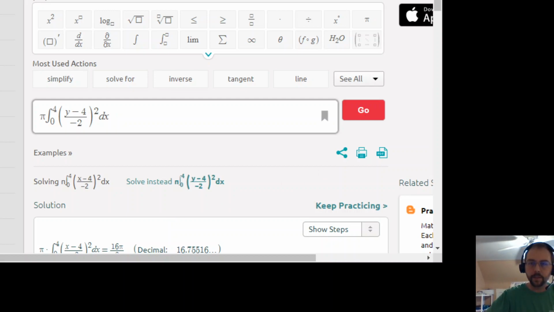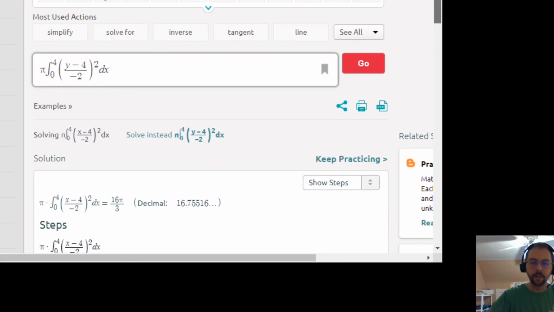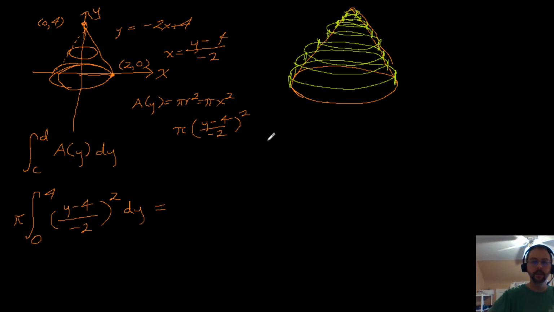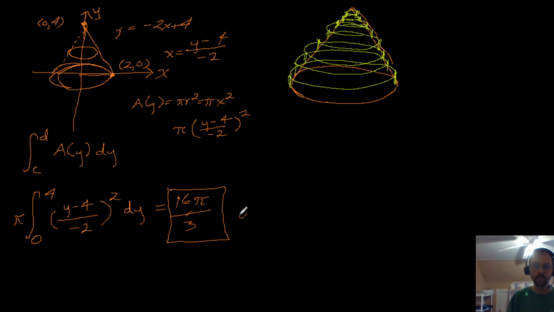So this should be our solution: 16 pi over 3. And then of course its volume, its units cubed. Whatever our units are, I didn't pick any.